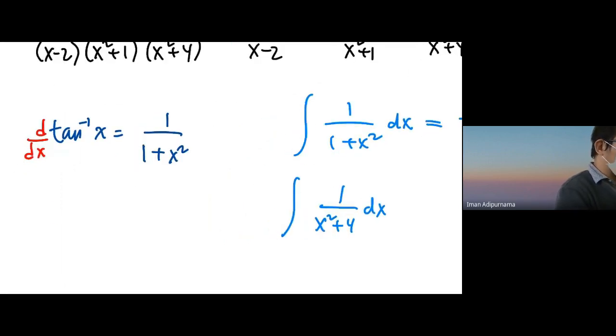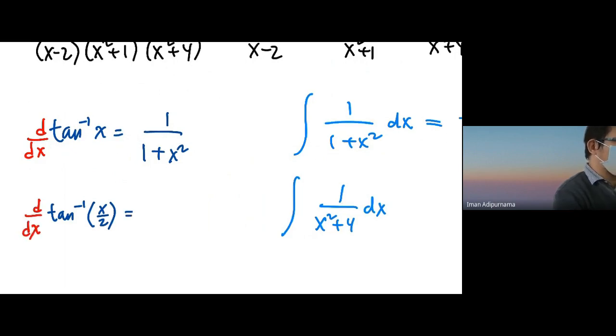Now let's try tangent inverse of x over 2, and we derive, this will result in 1 over 1 plus x squared over 4, right? We need to also multiply with the chain rule, derive x over 2, which is half, right?